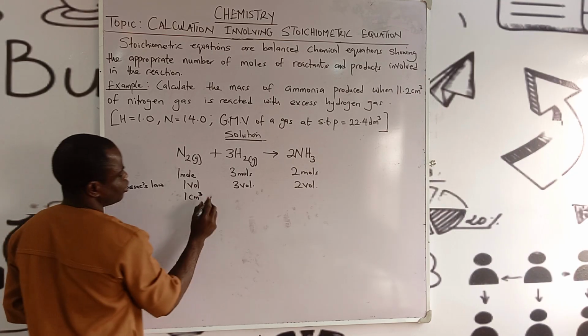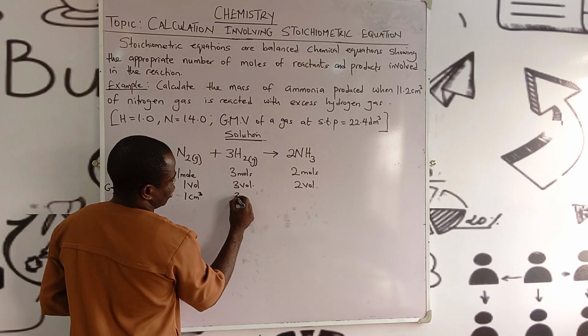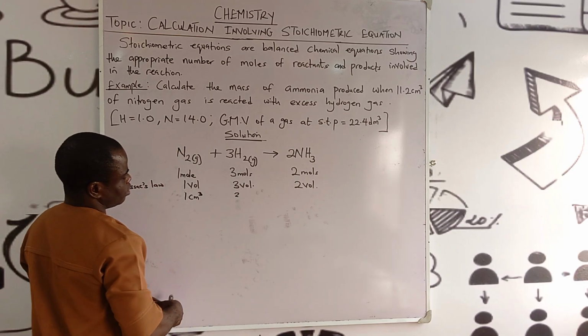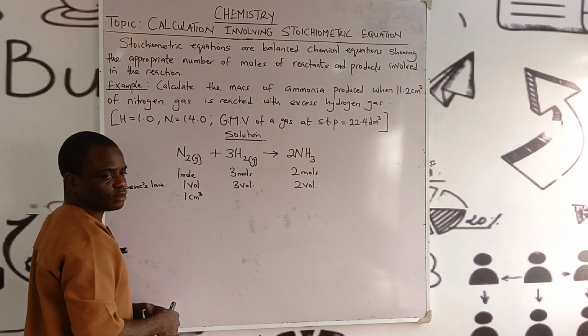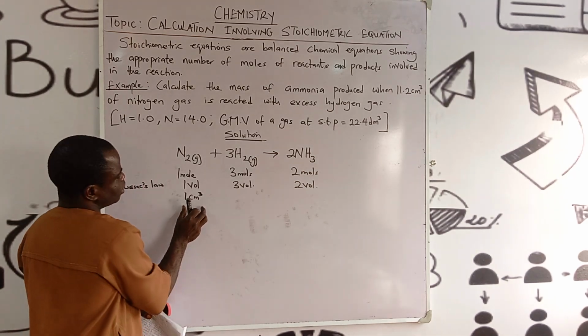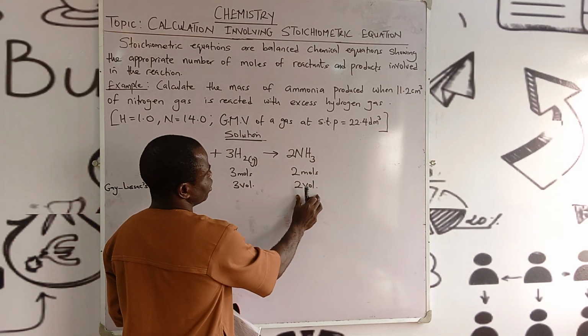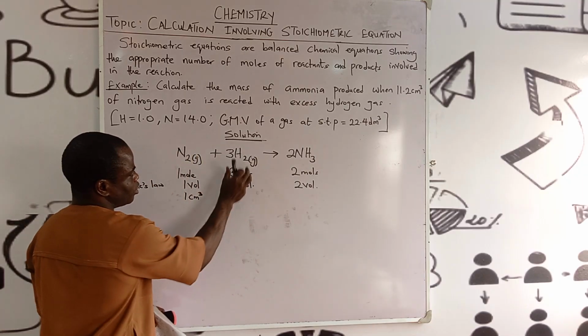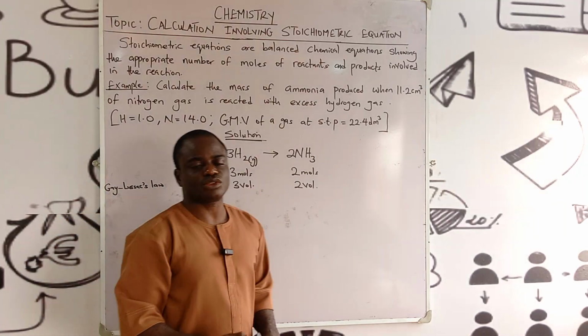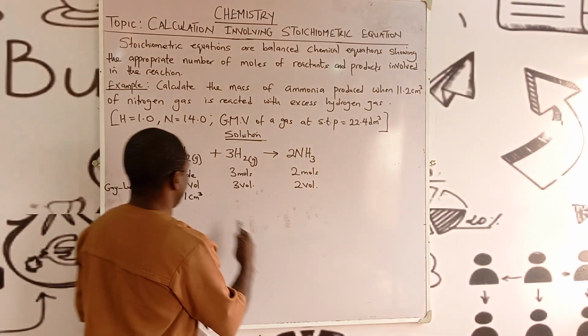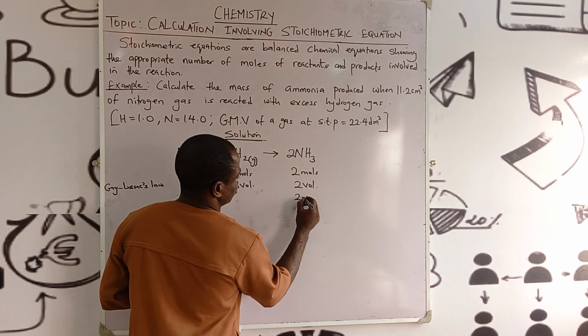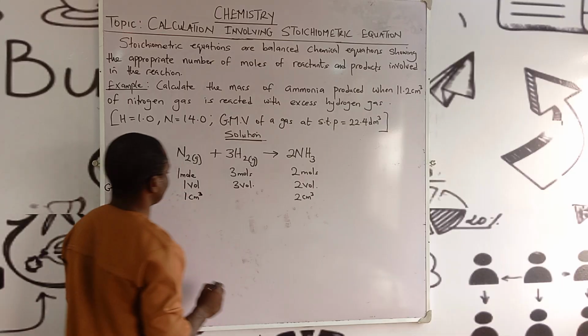Cm³ stands for volume. For the 3, we don't need to express this as cm³ because we are concerned with nitrogen and ammonia. The 3 moles of hydrogen is only telling us that it's in excess. But you have 2 cm³ here.